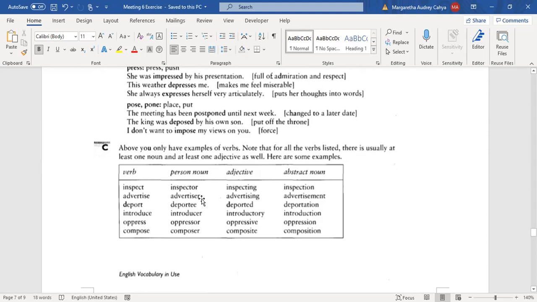Usually for criminal, it's a police related job. Jadinya itu inspektur polisi gitu biasanya, inspector. You add either or or er.